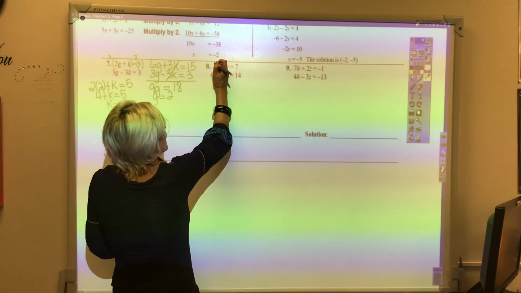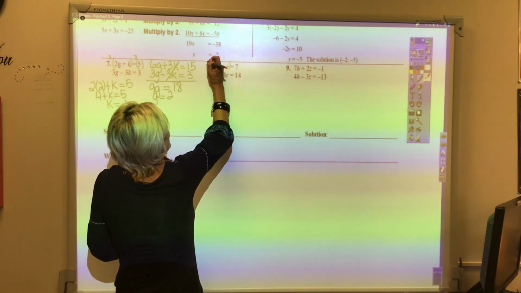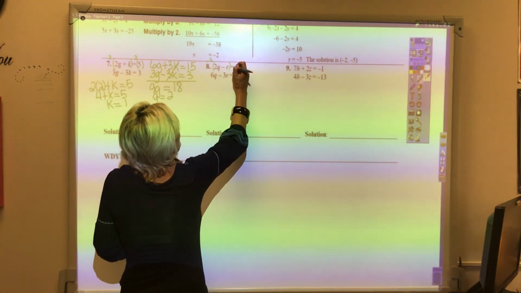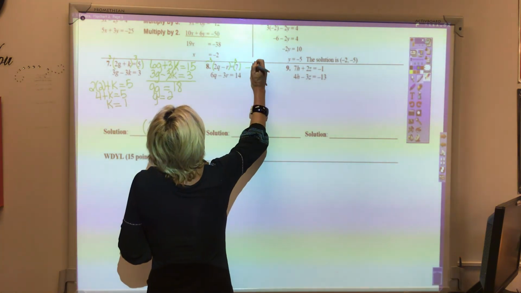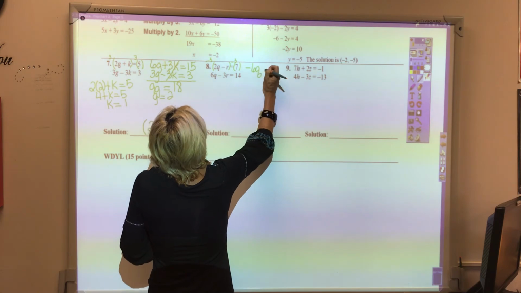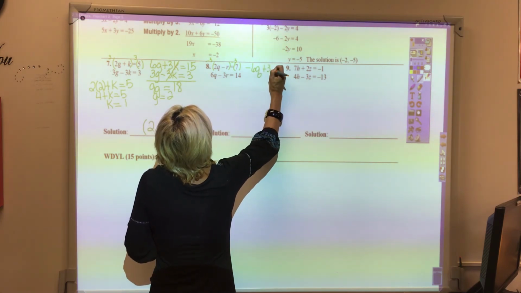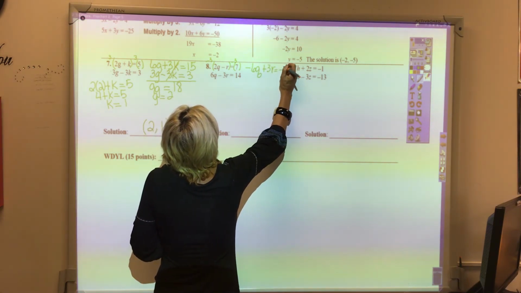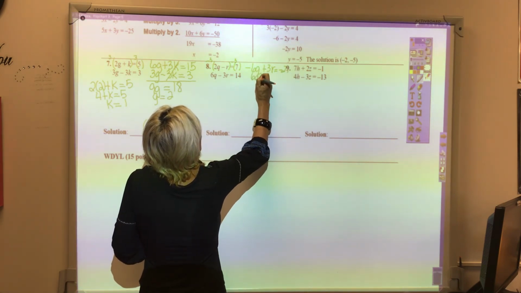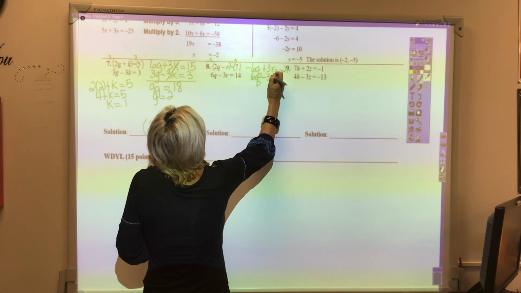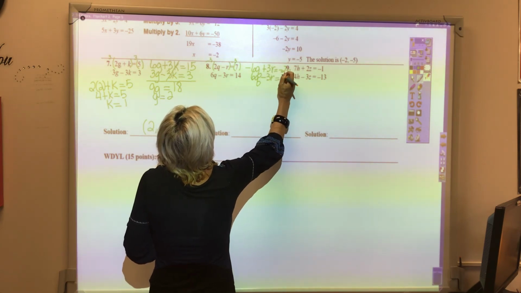So let me multiply the top equation by negative 3, and remember to do it on both sides. So I'll have negative 6q plus 3r equals negative 21. 6q minus 3r equals 14.